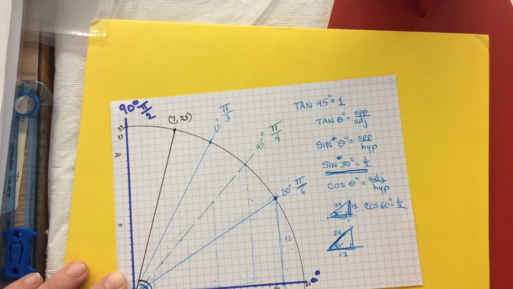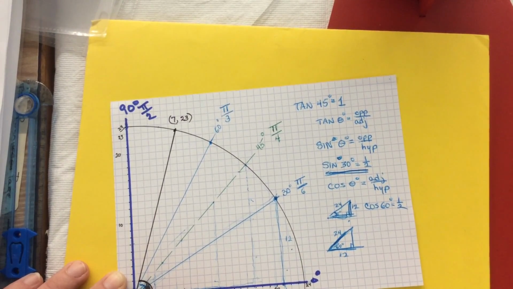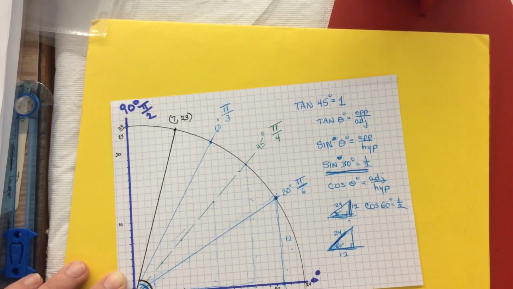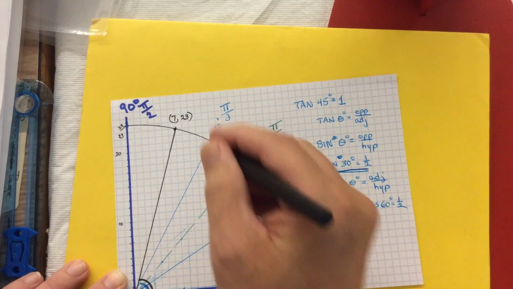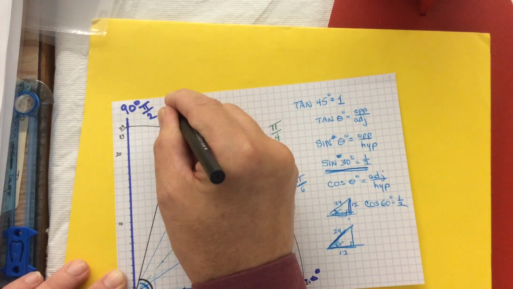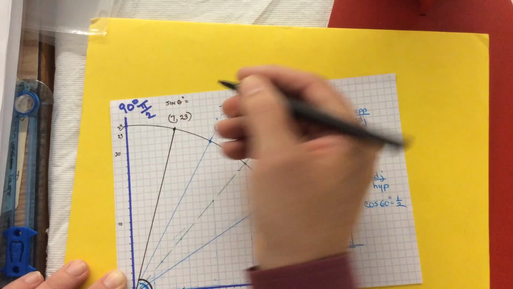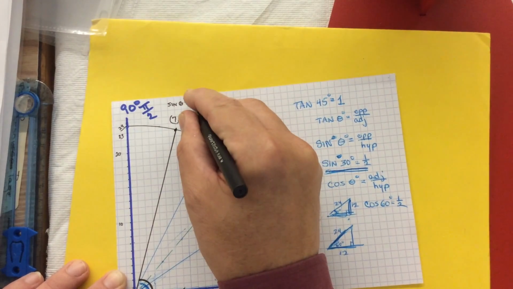And if I wanted to find the sine of this angle, wouldn't it be sine of theta? Wouldn't that be 7 over 24?